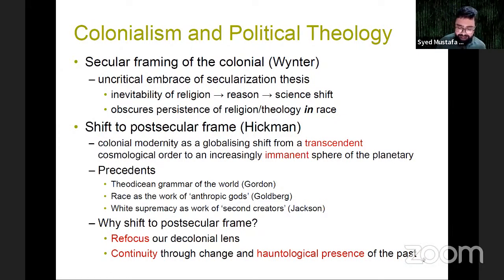Following Hickman, I maintain that shifting from a secular to a post-secular frame is important, since it enables us to refocus our decolonial lens and the attendant set of categories we use to interrogate the modern colonial world, thereby allowing us to better appreciate continuity through change and what might be described as the hauntological presence of the past.